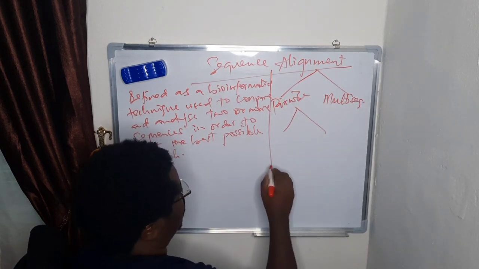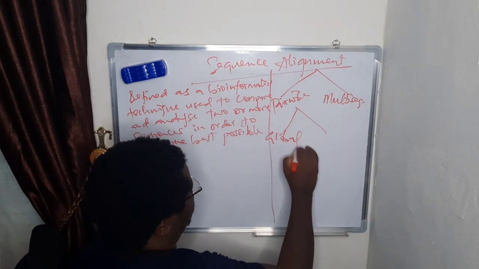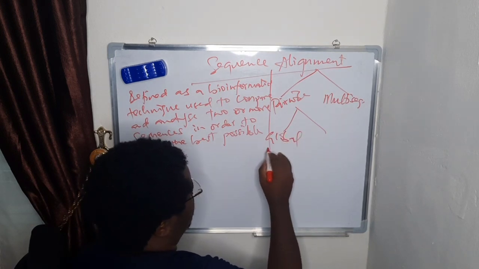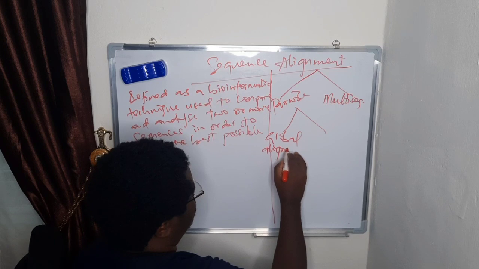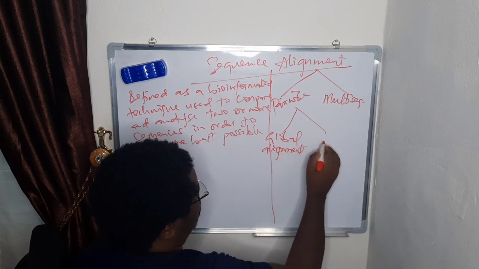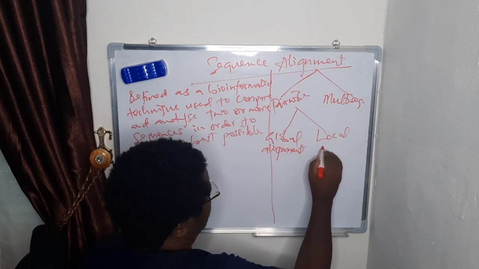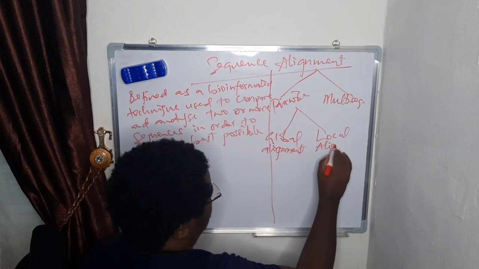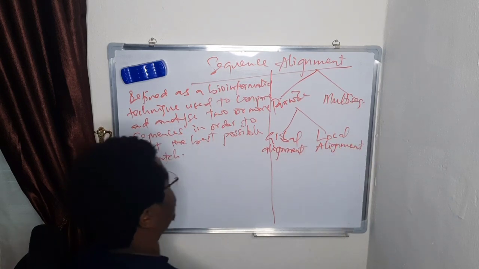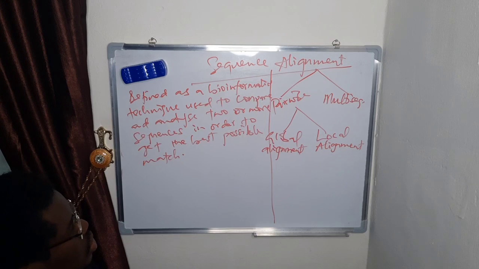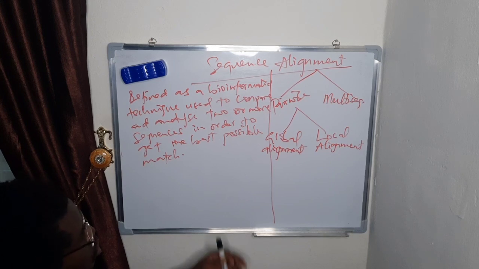On the pairwise, you have the global alignment and you have the local alignment.